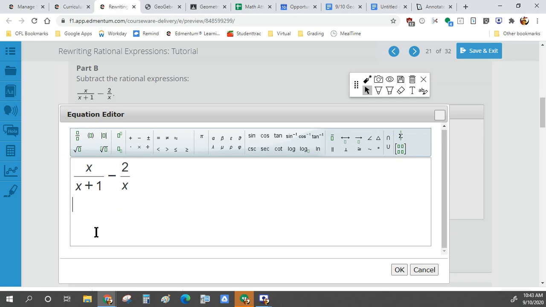I want the bottoms to be the same, so this is the part where I'm like, I should have just copied that. In fact, I can kind of do that here. You can highlight the whole thing and then copy, and it kind of makes this easier for when you have to do this part. So again, I'm making my bottoms the same.